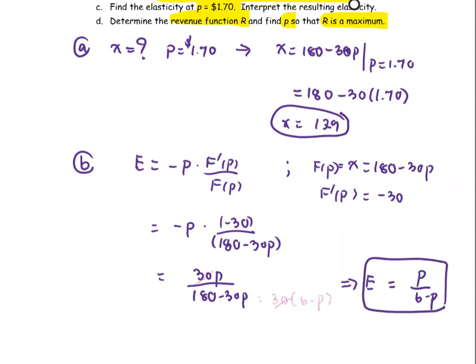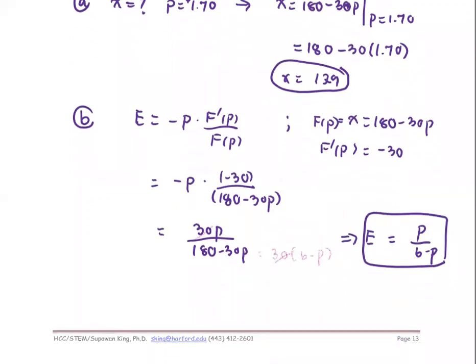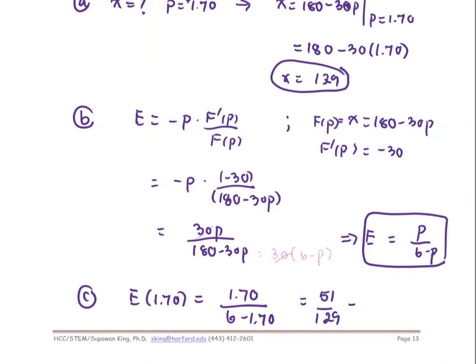The next part, part C, we're going to find the elasticity at p equals 1.70. So E at p equals 1.70 is 1.70 divided by 6 minus 1.70. This can be simplified to 51 over 129, which is 17 over 43 as a simplified number.